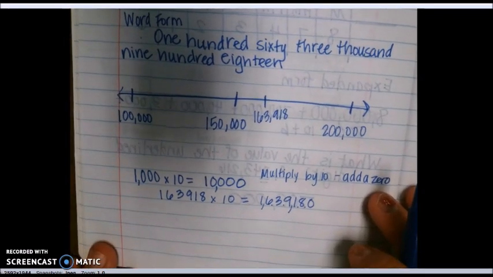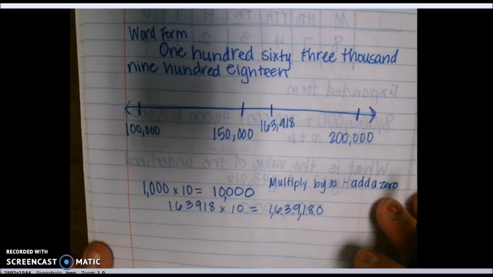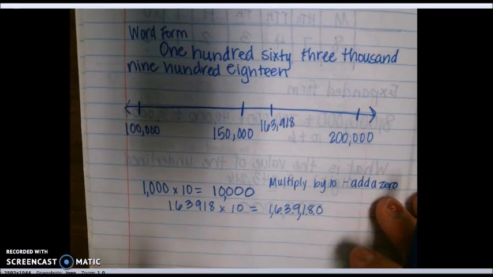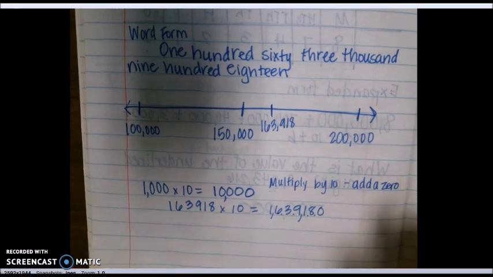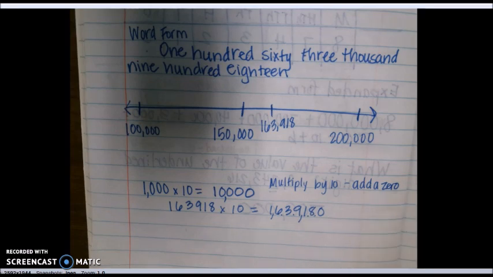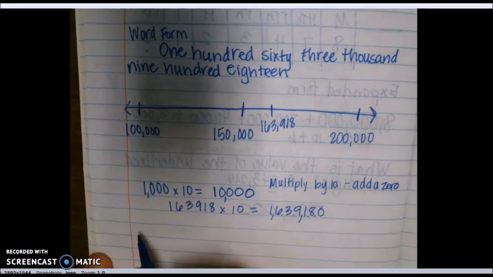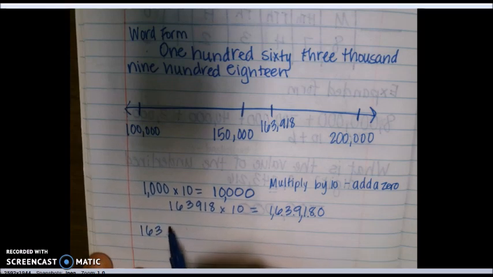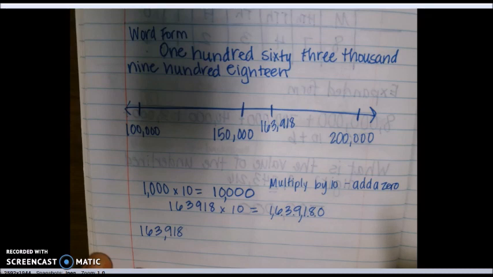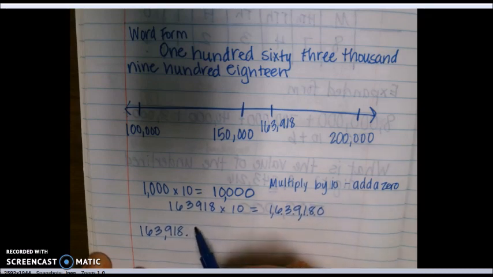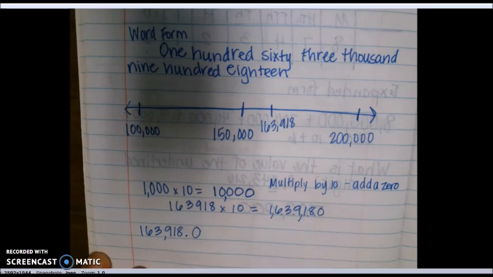Dividing by 10 is a little bit more difficult. So I want everybody to put your pencil down, and it's okay if you're not quite caught up with me. I'm going to pause this at the end so you can catch up, okay? So watch what I do. At the end of every number, even though we don't write it, there's always a decimal point and a 0.